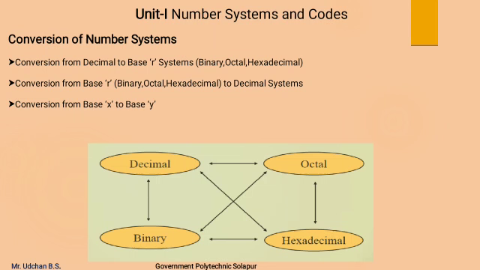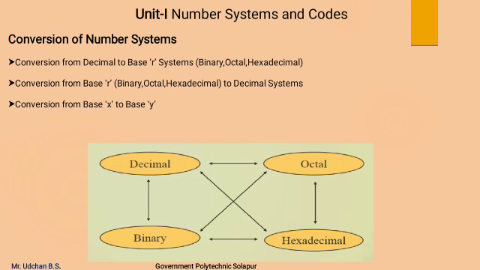We can convert any number system into another number system, that is, we are going to study the conversion of number systems. We will see conversion from decimal to base R system, that is decimal to binary, decimal to octal, decimal to hexadecimal conversion.